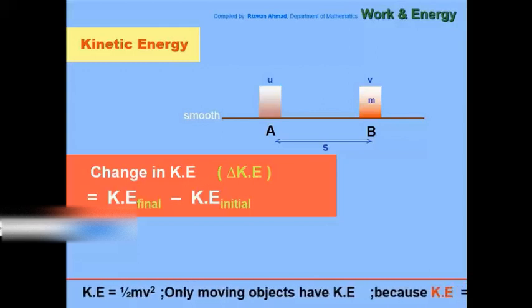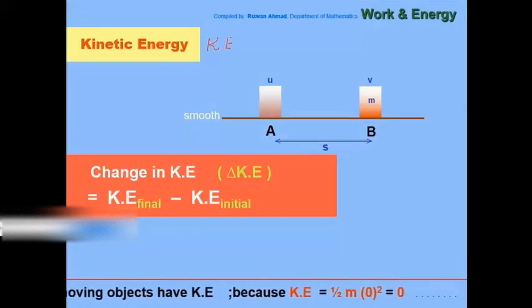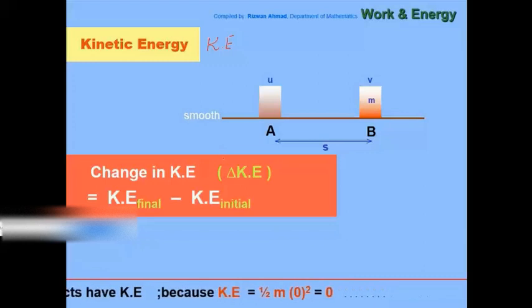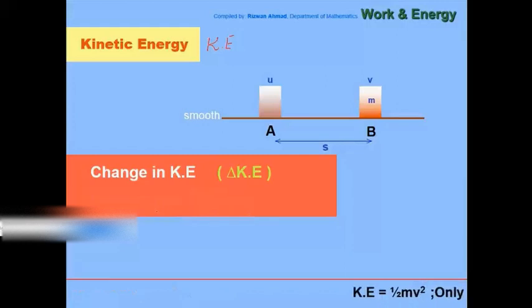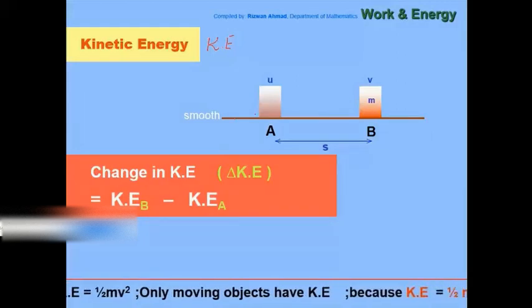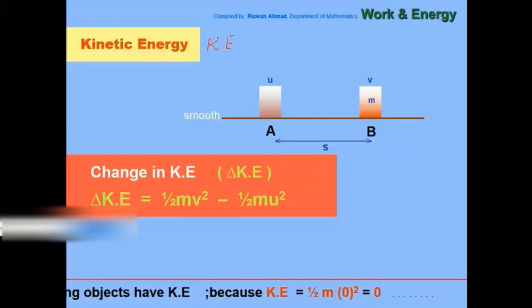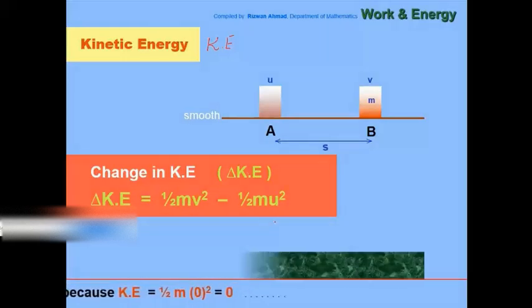KE is for kinetic energy, and change will be delta KE. So it is KE final minus KE initial. If you replace it with its values, for this situation it will be KE at B minus KE at A, which is half mv square minus half mu square.